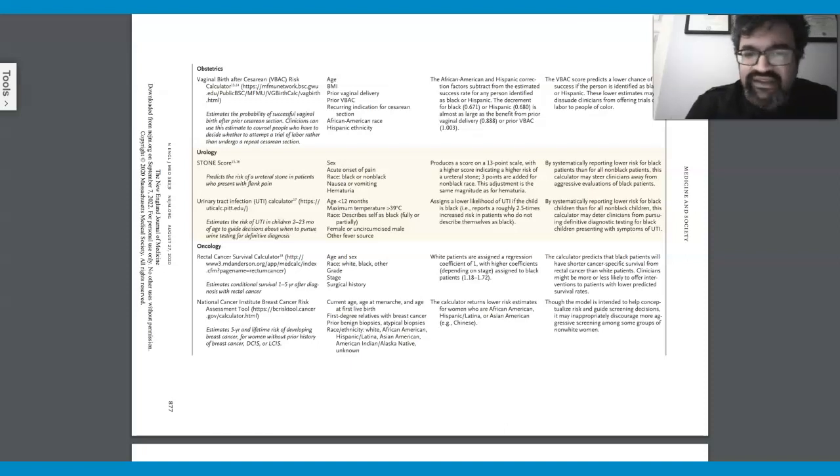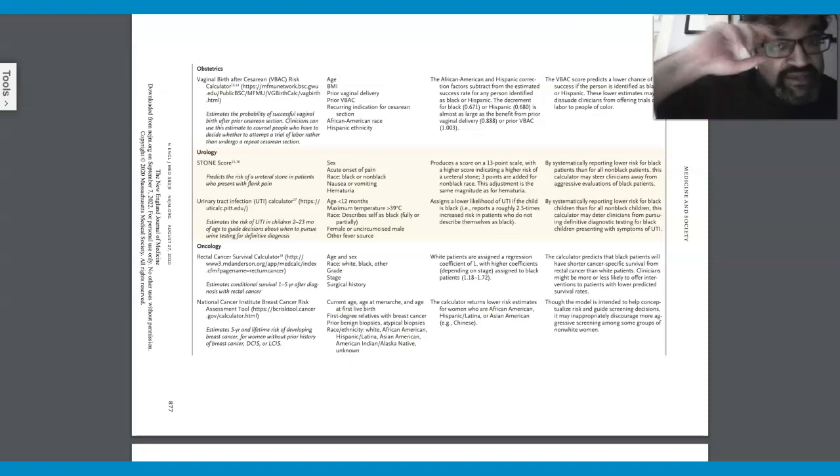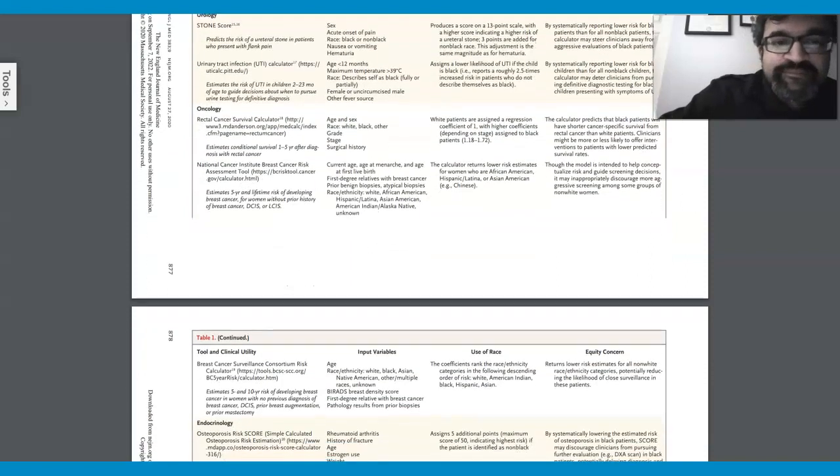with flank pain. There's a correction made on a 13-point scale, with a higher score indicating a higher risk of ureteral stone, and 3 points are added for non-Black race. This systematically lowers the risk for Black patients compared with all non-Black patients.